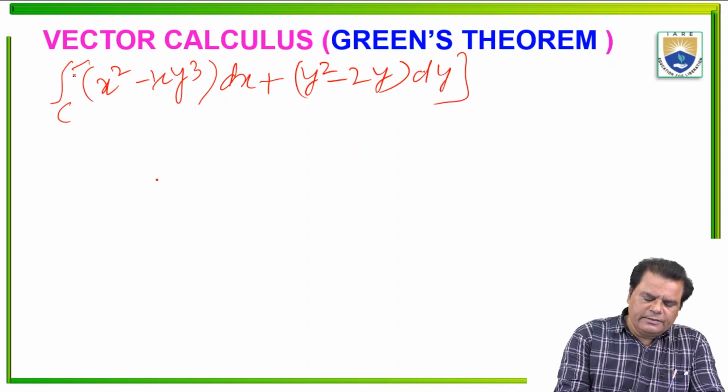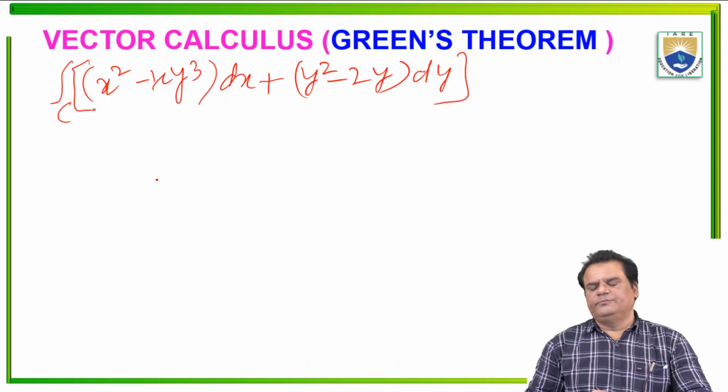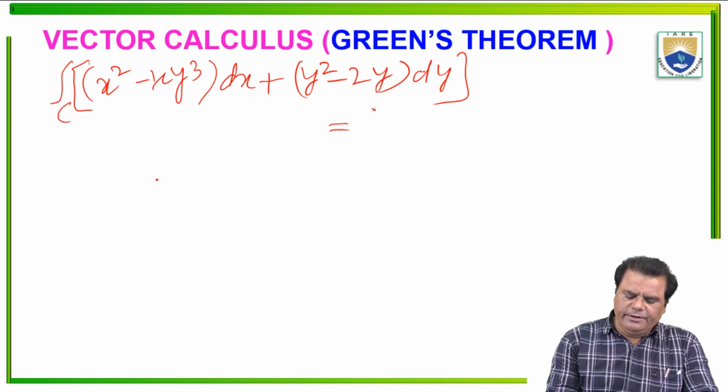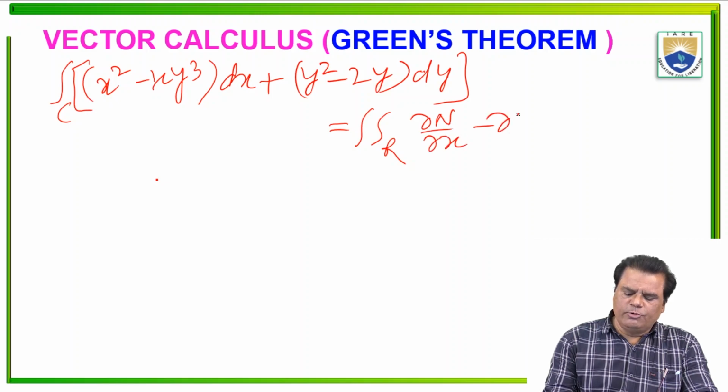This is the line integral. This equals the double integration over region R of dou N over dou x minus dou M over dou y dx dy.